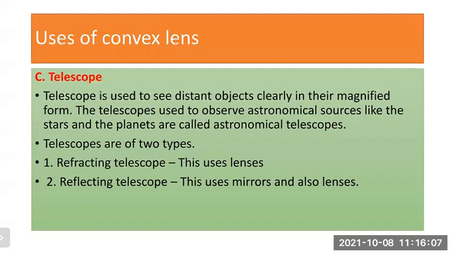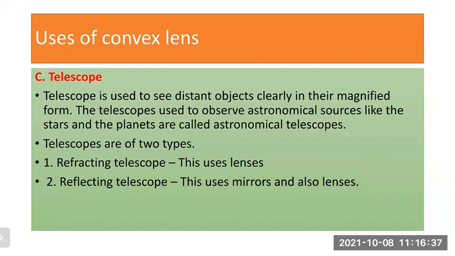Then next we have the telescope. You know that a telescope is used to see distant objects clearly in their magnified form. The telescopes used to observe astronomical sources like the stars and the planets are called astronomical telescopes. The telescopes are of two types. First, we have the refracting telescope, which uses lenses.